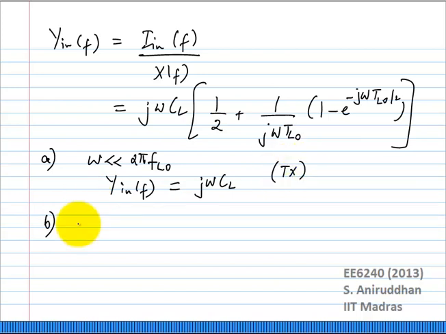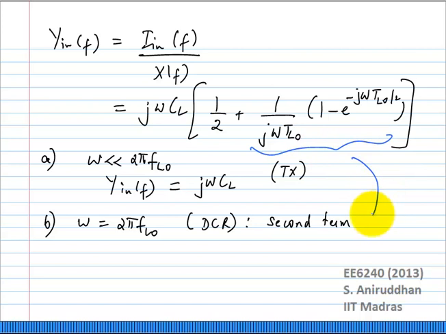So the next case is omega equal to 2 pi f_LO. This is the case of a direct conversion receiver. The first term stays half, the second term becomes approximately 1 over j pi.